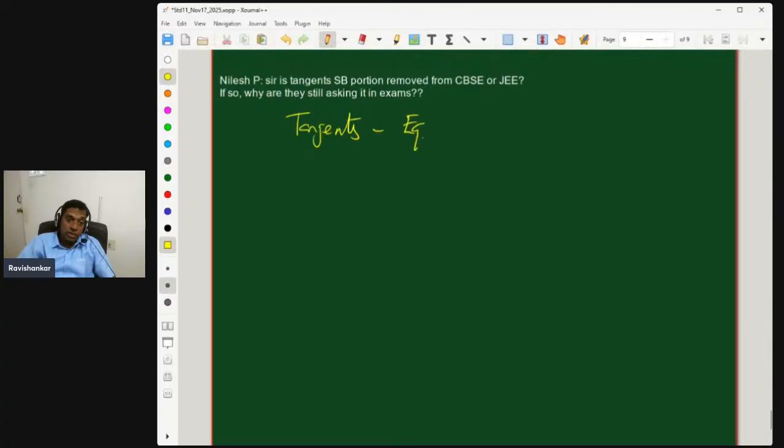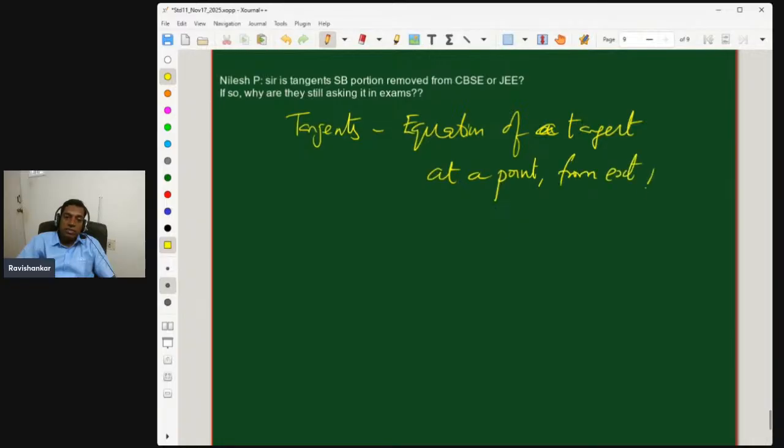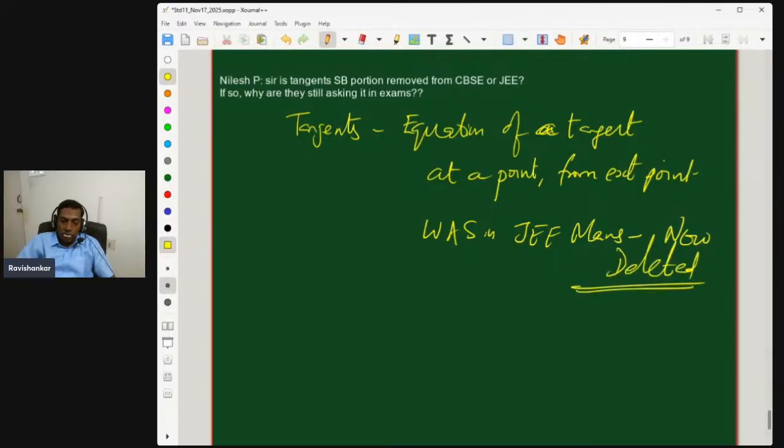Tangents, which means equation of a tangent at a point, from external point, etc., was in JEE Main. Now deleted. We've still given it as SB because it's part of the JEE Advanced portion. So that means you're expected to know later.